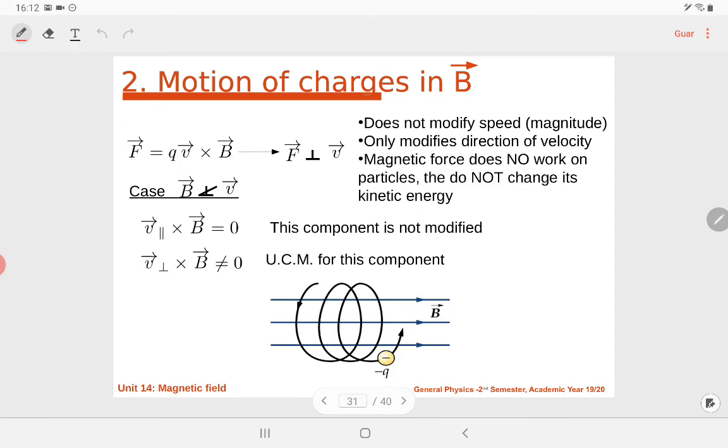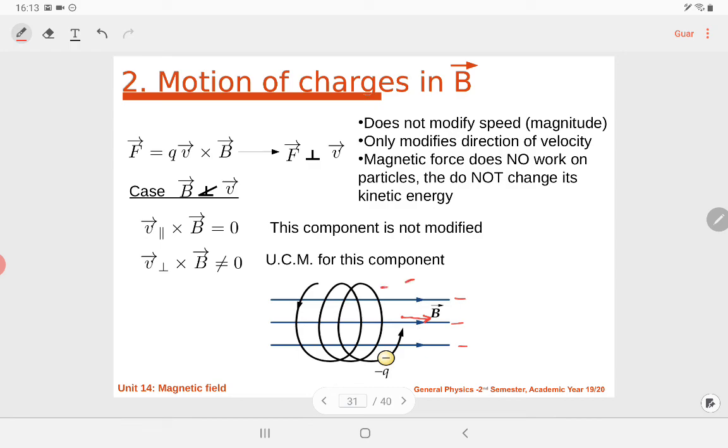Okay, so if this is the magnetic field represented by these blue lines, a uniform magnetic field, and you have a charged particle like this one moving with a speed that is not completely perpendicular nor completely parallel, the parallel part is going to make the particle move towards the right, because that was the original movement.